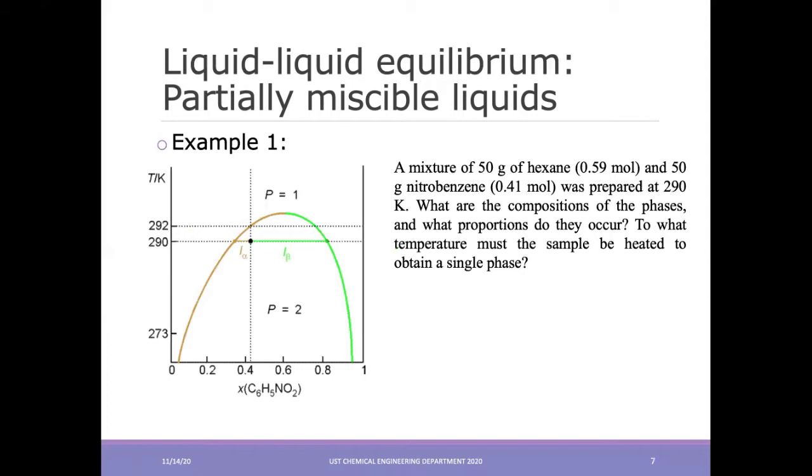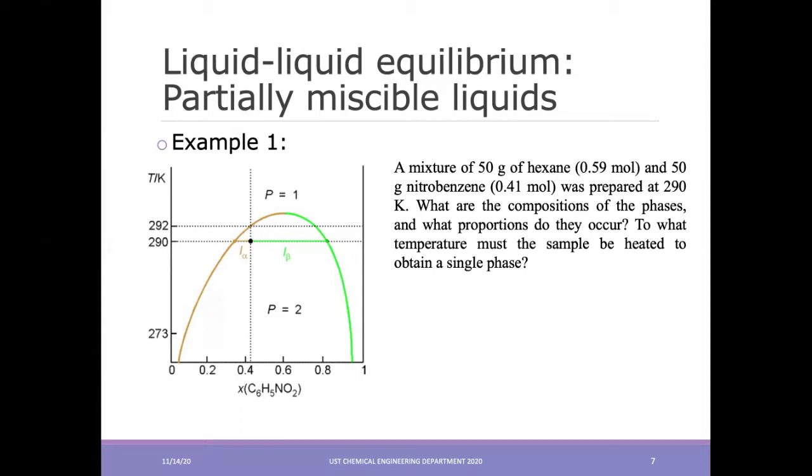The questions are: what are the compositions of the phases and in what proportions do they occur? And to what temperature must the sample be heated to obtain a single phase? In this case, the compositions of the phases are given by the points where a tie line through the point representing the temperature and overall composition of the system intersects the phase boundary. Their proportions are given by the lever rule.